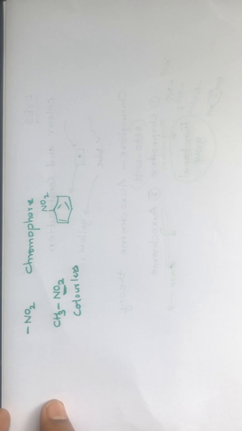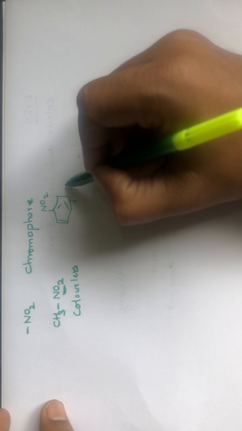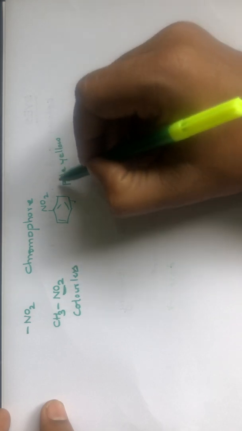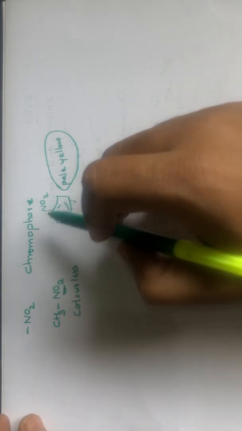Now in nitrobenzene, the NO2 group is linked to a conjugated system. So this is pale yellow in color. Presence of only the NO2 group will not impart color. That means the chromophore should be linked to a conjugated system, then only it will be colored.